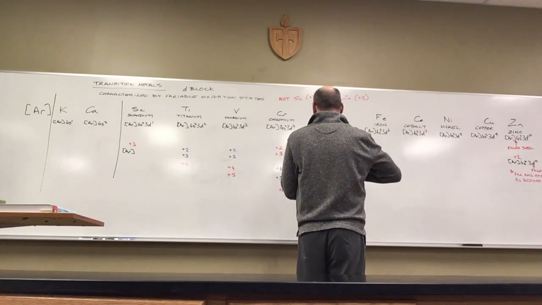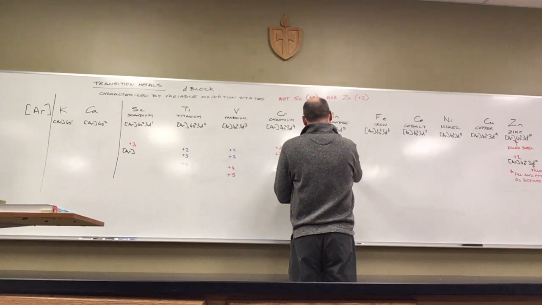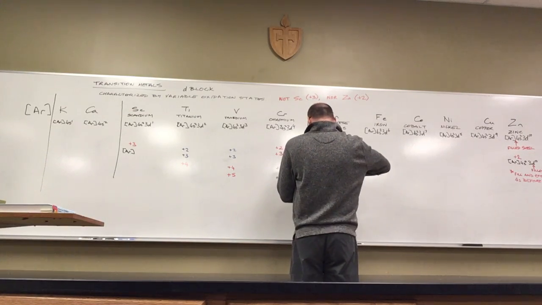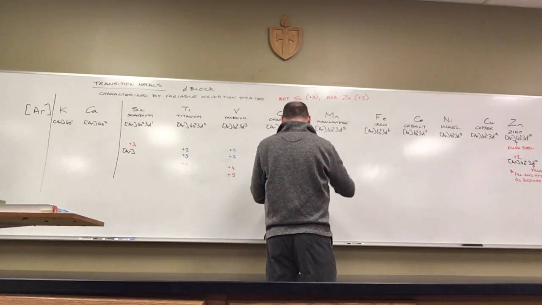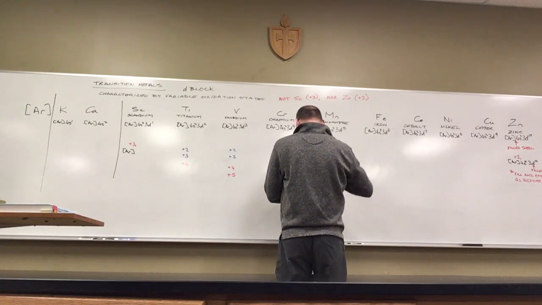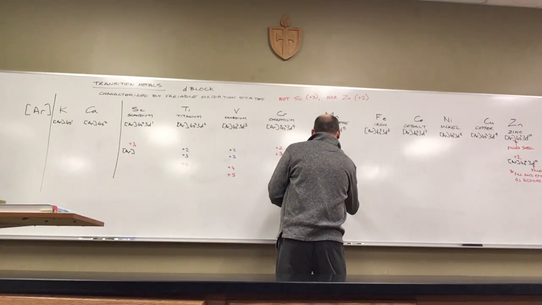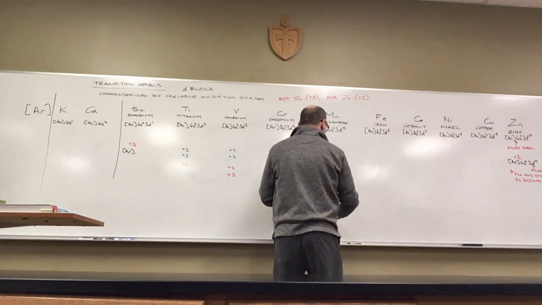All right, iron. Oh, manganese. Manganese has a +2. In the middle, there's a +3 that I don't think you're going to have very much success in getting. And then there's a +4. And then there's a 5 and a 6. And then there's a +7.